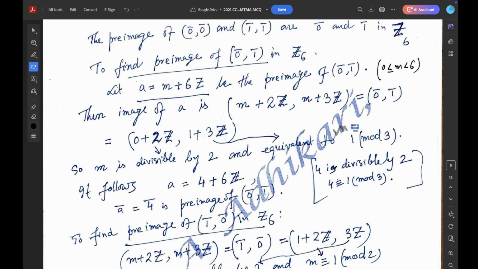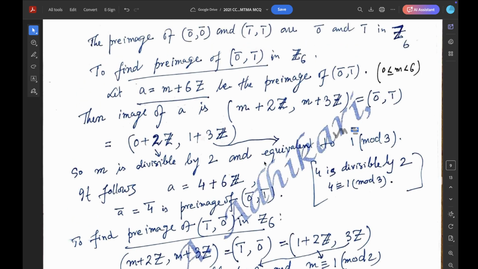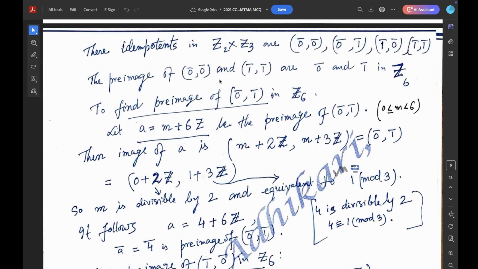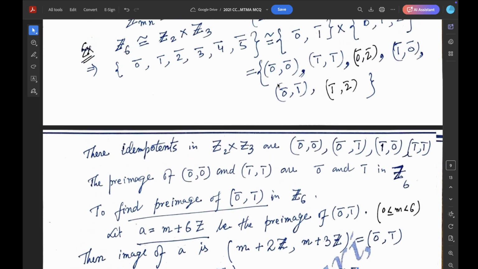Now 4 is divisible by 2 and 4 is congruent to 1 modulo 3. So A equals 4 + 6Z. So class 4 is the preimage of the ordered pair (class 0, class 1) in Z2 cross Z3.